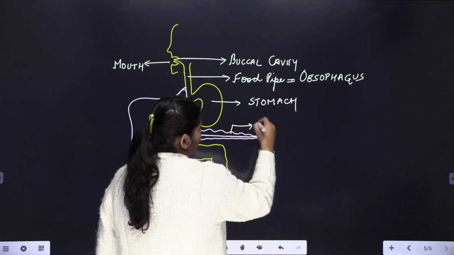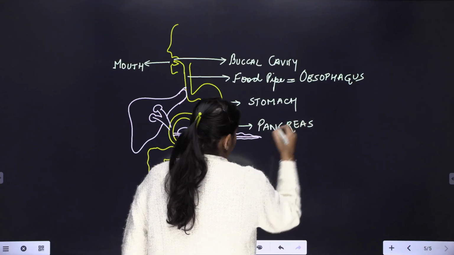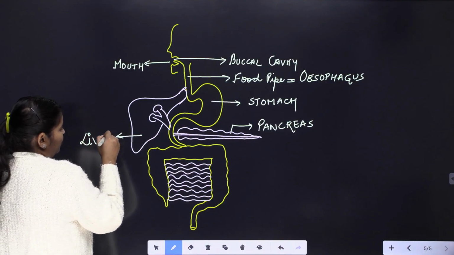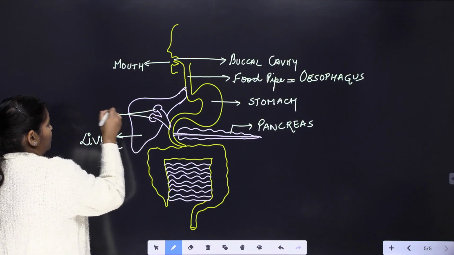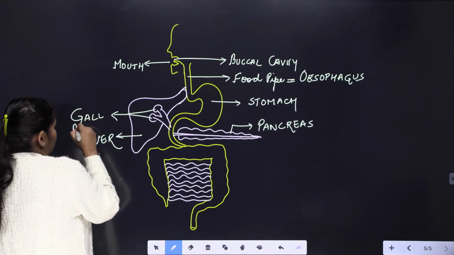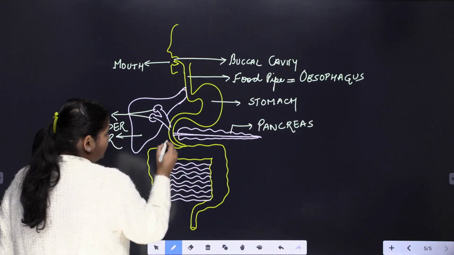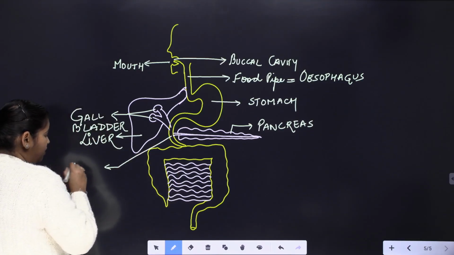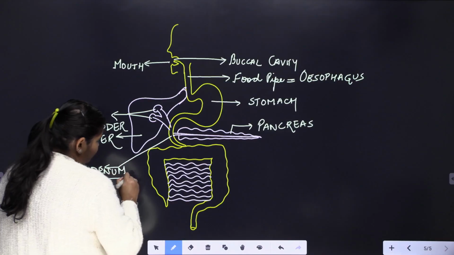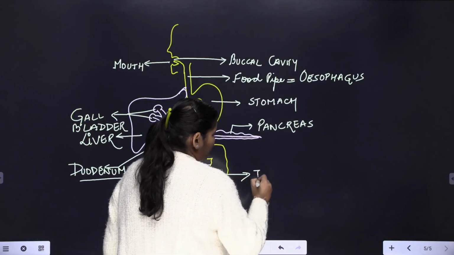Then the accessory glands, which are the pancreas. This is the liver and the gallbladder. This C-shaped structure is the duodenum. That is the first part of the small intestine. Then the remaining jejunum and ileum.